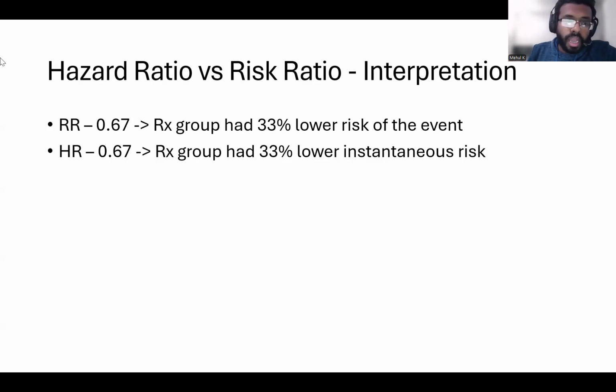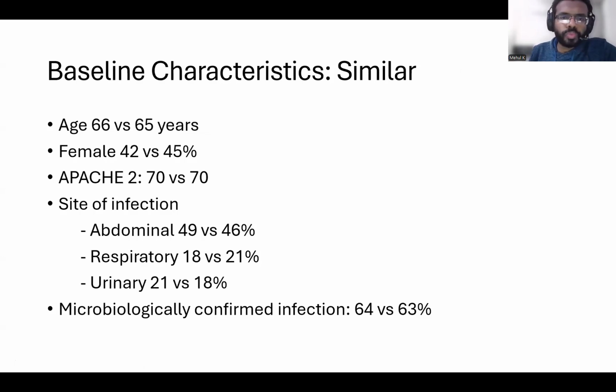But a hazard ratio of the same number doesn't mean that the treatment group had 33% fewer events. So the meaning is actually not the same. That is a small difference between risk ratio and hazard ratio. Hopefully, Arvind sir might explain this a little bit better in a little bit. But this is basically my understanding of these two statistical concepts.